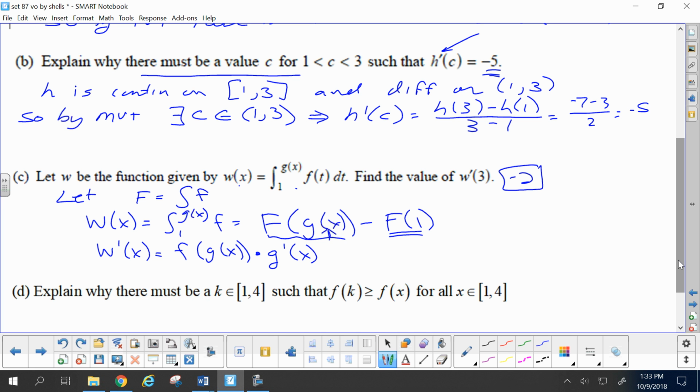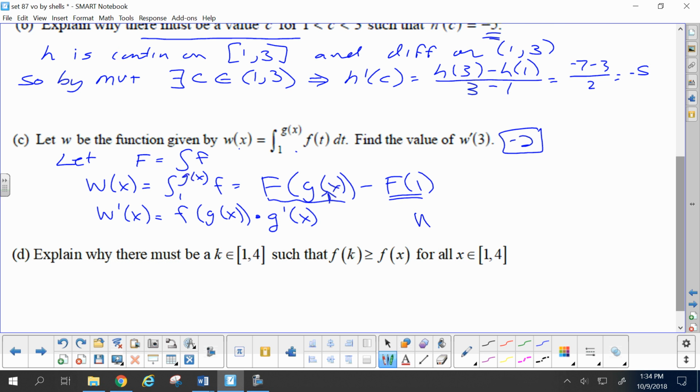When you take the derivative of that, it zeroes out. You're saying that it wouldn't matter if this were 1 or a billion, it would still be the same derivative? Yes, the area accumulation would not depend on where you started. The rate of area accumulation. All right, so with that then, you're plugging and chugging, W prime at 3, you plug stuff in and chug, chug, chug. Do you understand what I mean when I say chug, chug, chug?